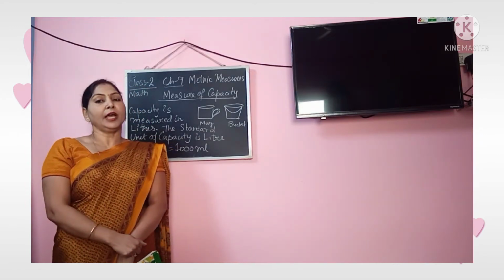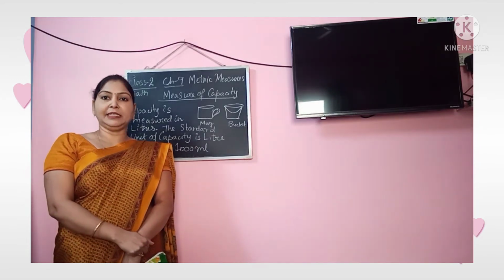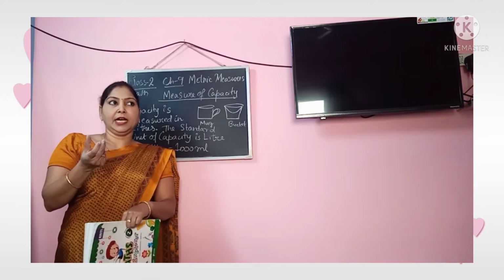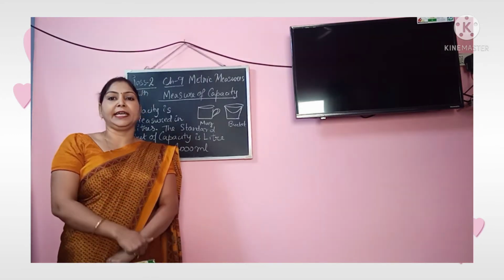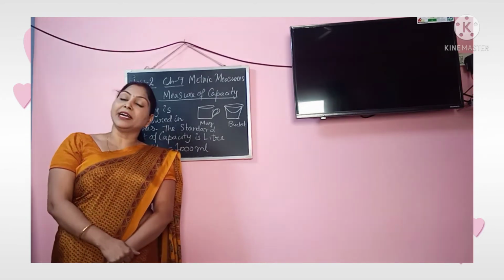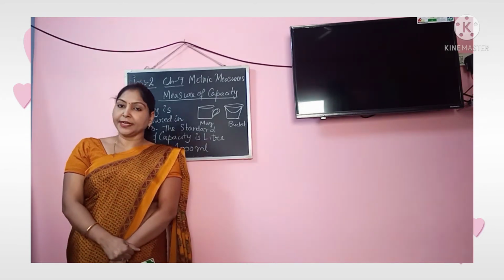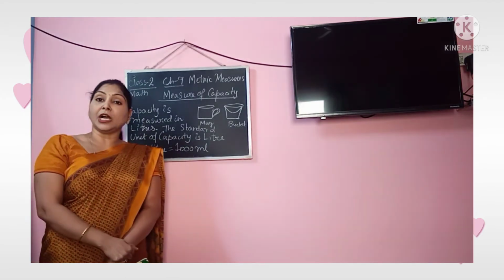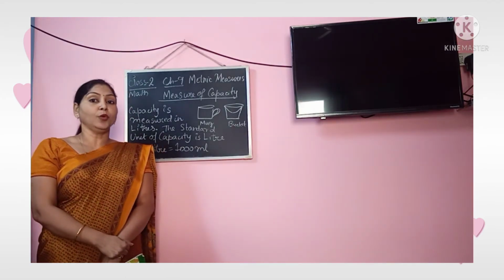So any liquid substance kept in any container, we find the capacity of that container. Every container has got a capacity, that means the amount of liquid it can hold.